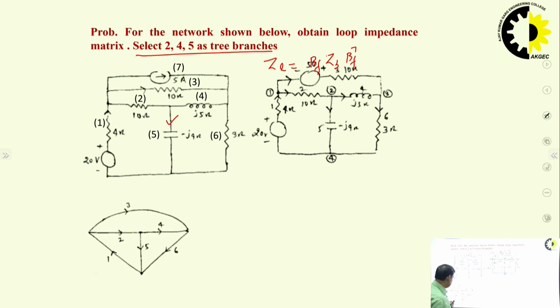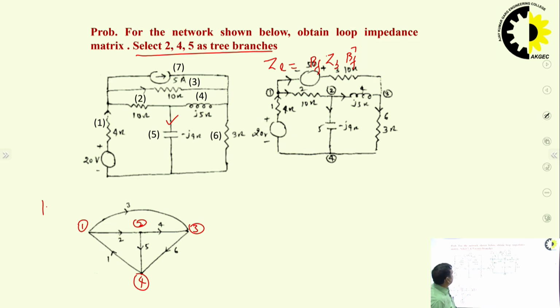So, just we draw this. This is the oriented graph. This is step 1: draw the oriented graph of the network. Suppose this is node 1, this is 2, this is 3, because marking of nodes is important while writing the incidence or reduced incidence matrix.